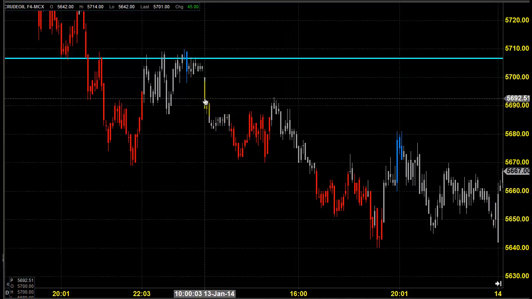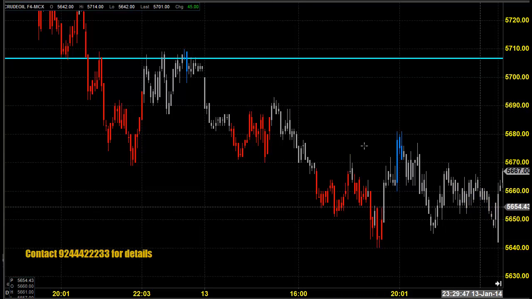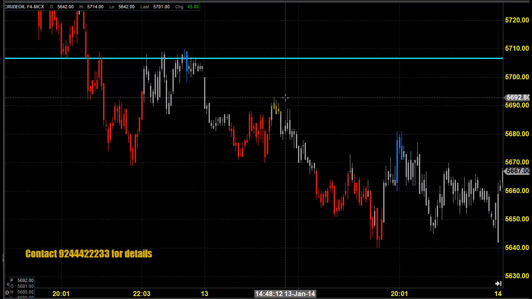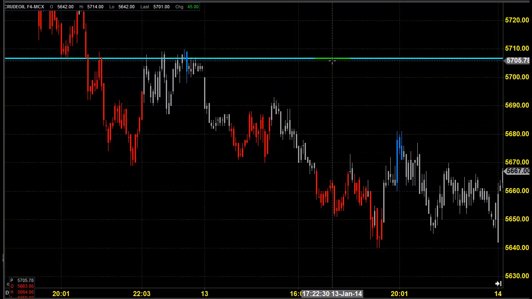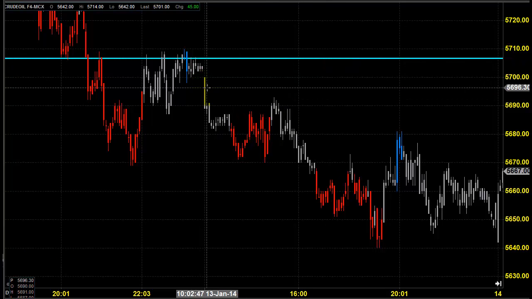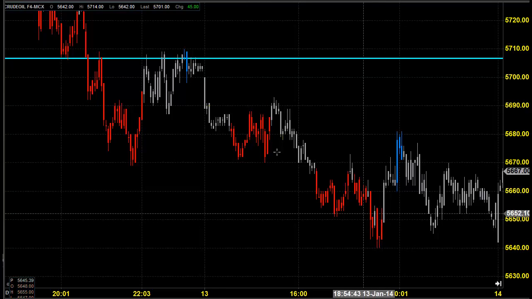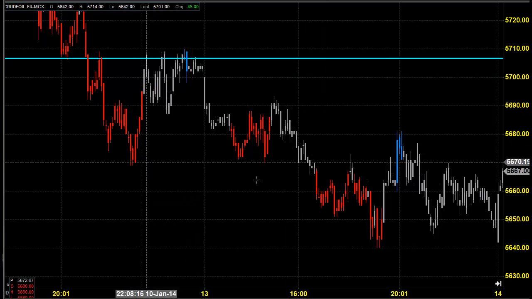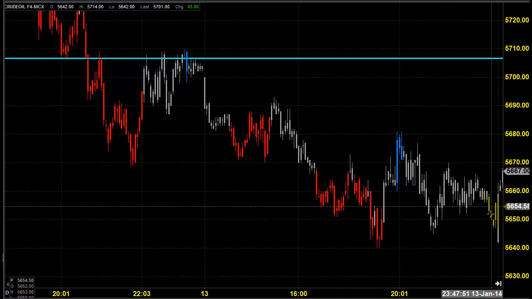What happened on 13th of January, we can come to a conclusion that the price was completely dominated by the sellers, and the price even couldn't test this 5706, the key resistance zone, and it had created a new low till 5640s compared to the previous day and previous week price action. And also it had created a new closing. Also the price closed lower.